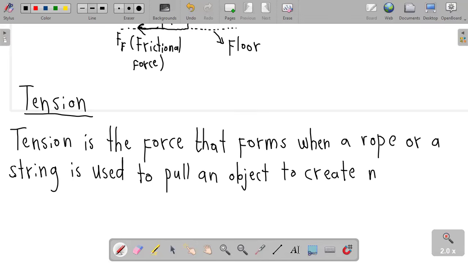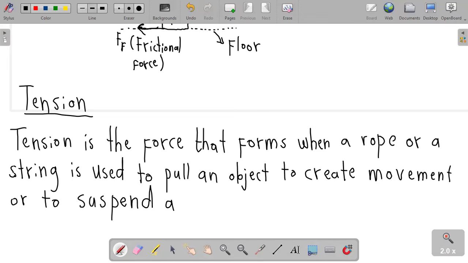Or to suspend an object. So the tension can be used to create movement. It can also be used to suspend an object.